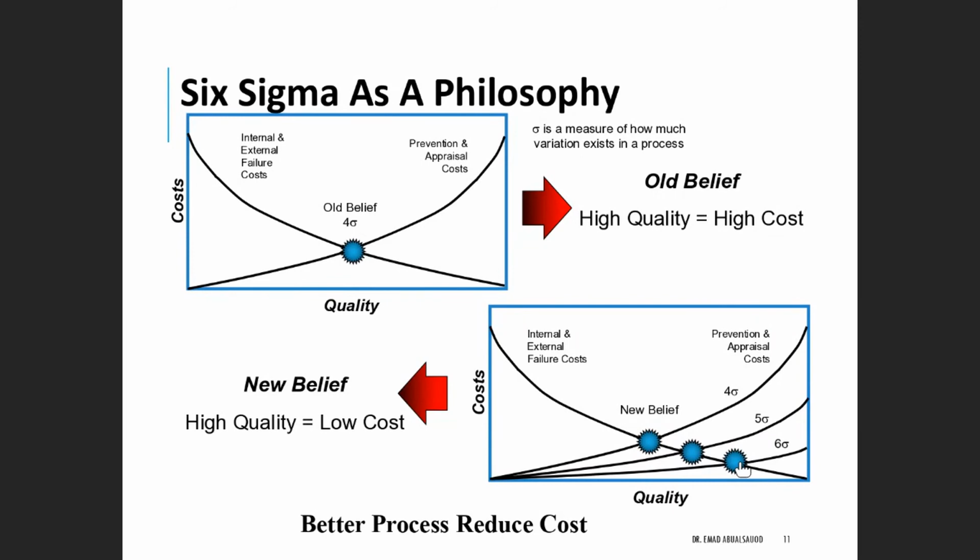So we improve the process by reducing the variability, reducing prevention and appraisal cost, reducing internal and external failure cost, and we increase the quality. So the belief now, or the target now for companies, is high quality equals low cost.